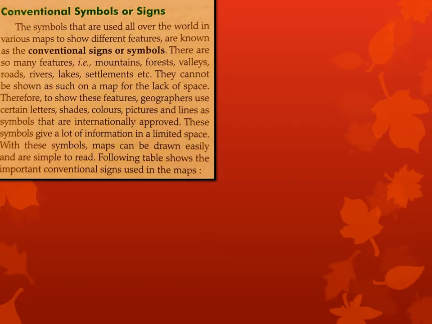As we already discussed, we cannot show them as large as they really are on the ground. We cannot show them the same as the ground on the paper. So to show these features, geographers used certain letters, shades, colors, pictures and lines as symbols, and they are internationally approved.